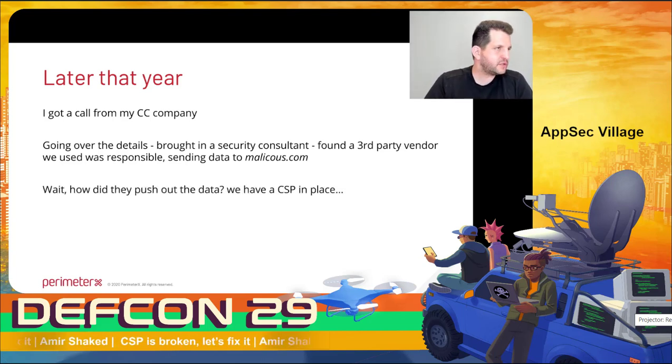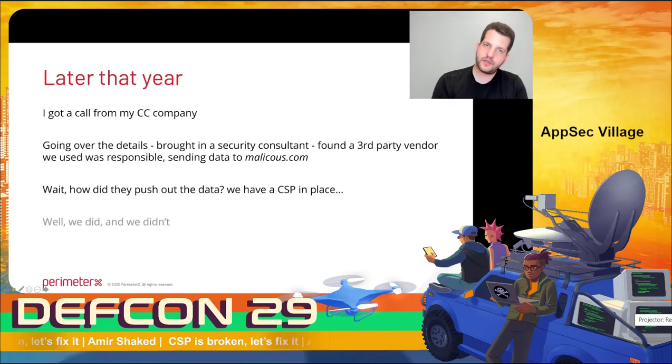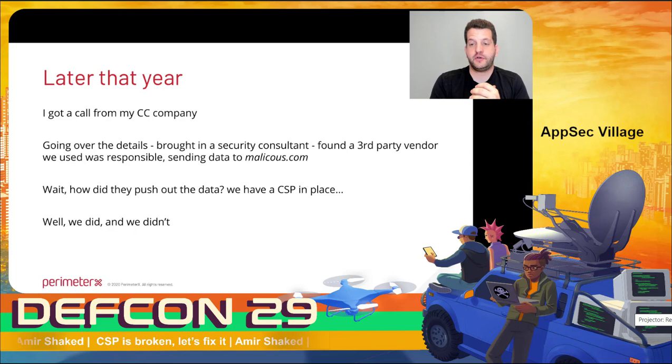And one of the things that was brought up was the question of how can it be? Because CSP was supposed to do exactly that, protect the client side in terms of what types of communications are allowed and where the data can be pushed over to. And the sad story is that the CSP was there, but it wasn't there because of a lot of gaps that can happen while you're configuring it.